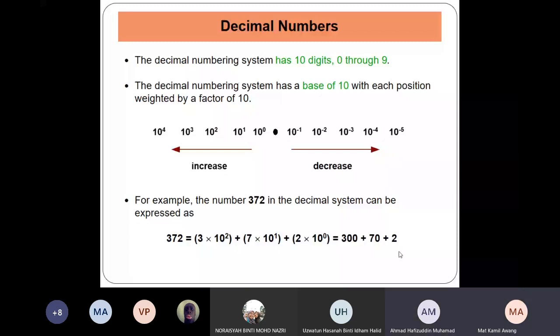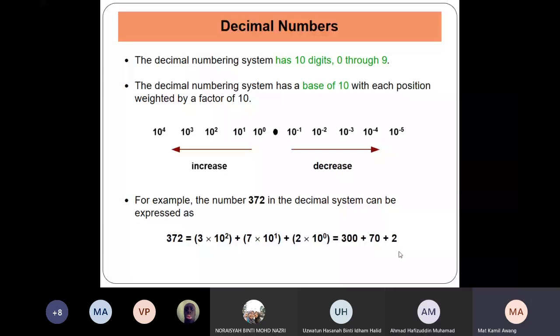So it increases as 10 to the power of 0, 10 to the power of 1, 10 to the power of 2, 10 to the power of 3, 10 to the power of 4. Basically the first location will be a unit of 1, for example 1, 2, 3, 4, 5, 6, 7, 8, 9, 0.